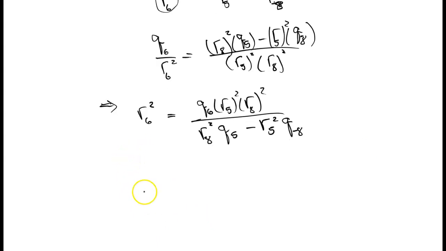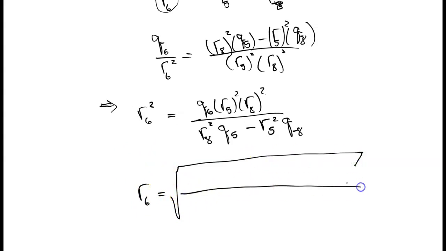Or R sub 6 by itself is going to be the square root of that term, and now we can plug in these values.